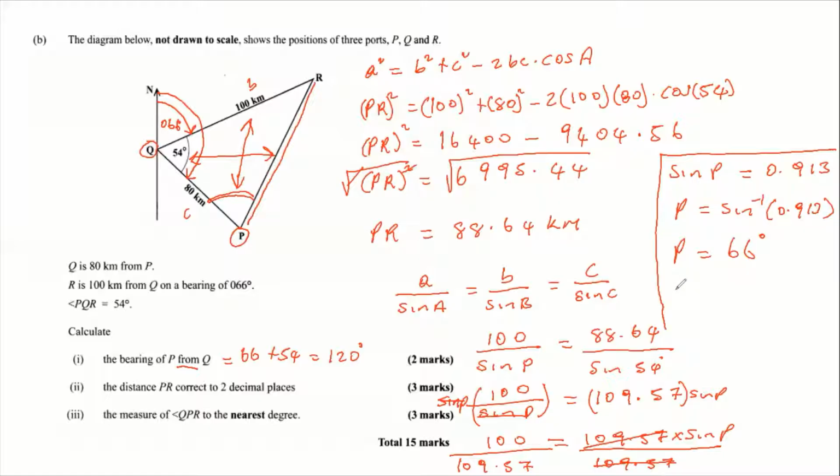So therefore, angle QPR is equal to 66 degrees, and you're finished, and you will get your 15 marks for that entire question.